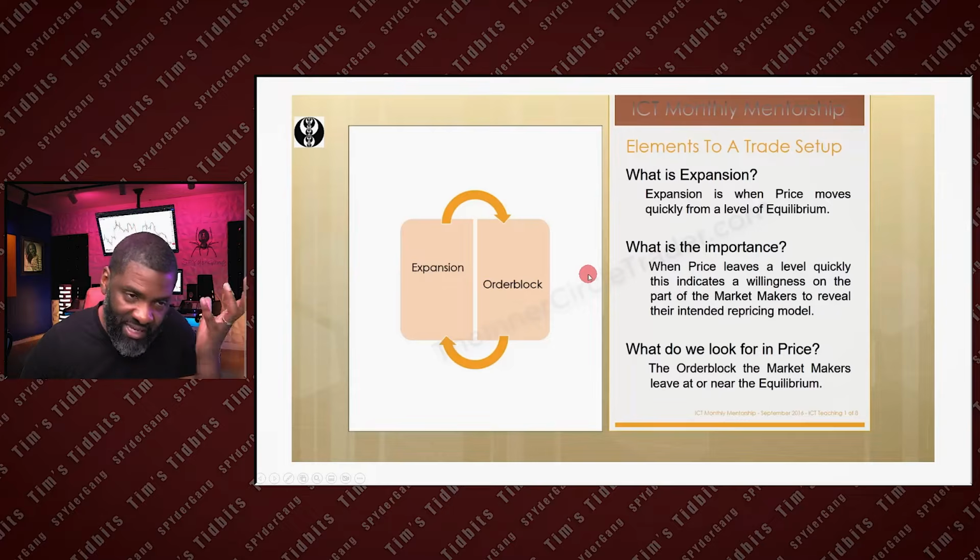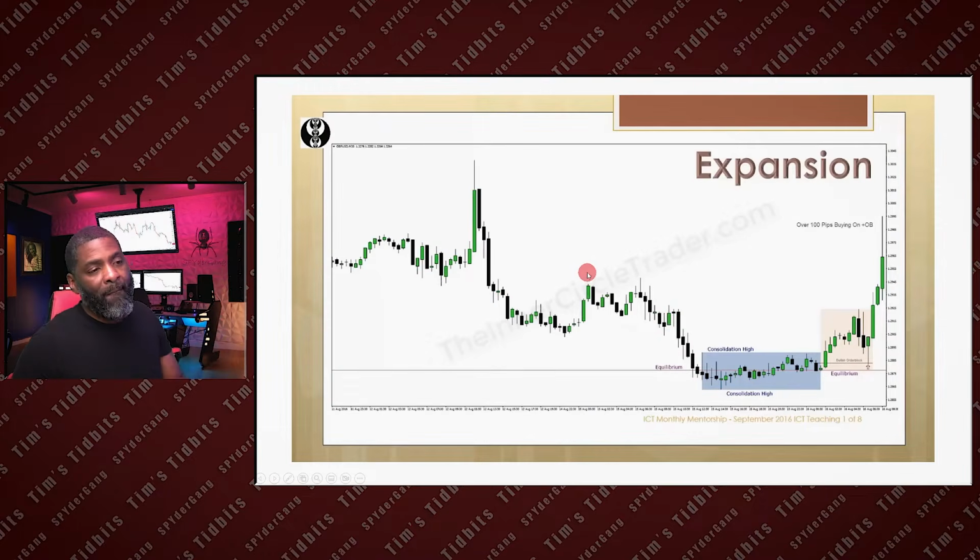Moving right on. Let's see how it looks in price action. Right? So here we are. Draw your attention here to this area of consolidation, right? The equilibrium is the 50%, the halfway in between the highest high and the lowest low of that consolidation area, right? That's your equilibrium for the consolidation area, right?